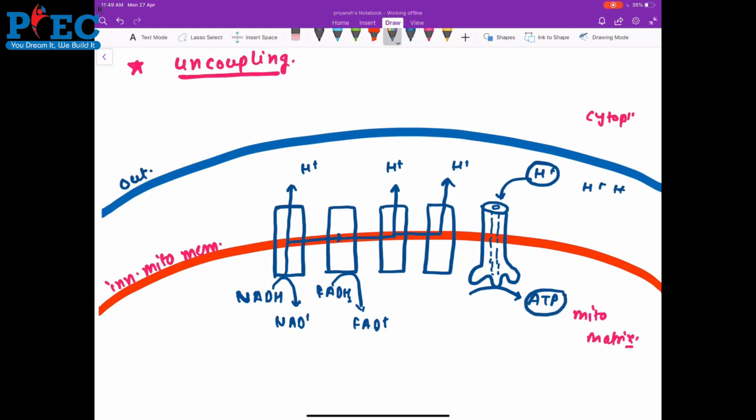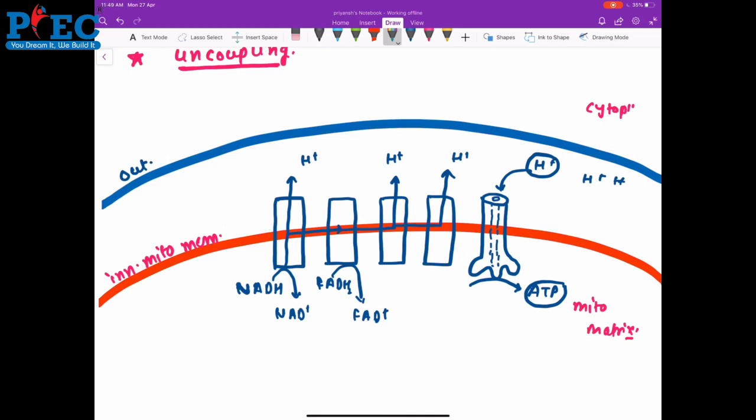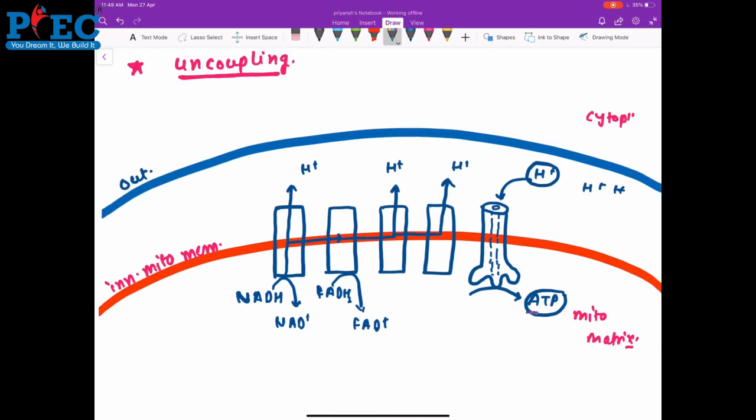Now, if we look closely, ATP is generated because complex 5 has a fan-like structure, and because of the great speed of the hydrogen ions, this fan will move and generate the energy.